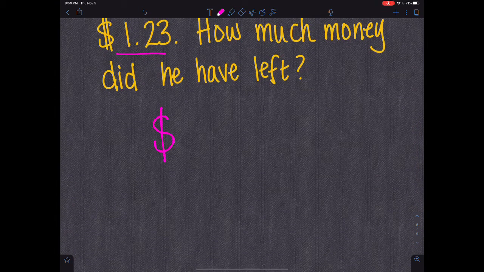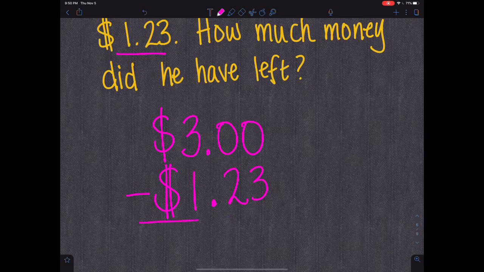He started with $3. And then I'm going to subtract $1.23. Okay? So basically what they want you to do is think about, well, let's start at the beginning.